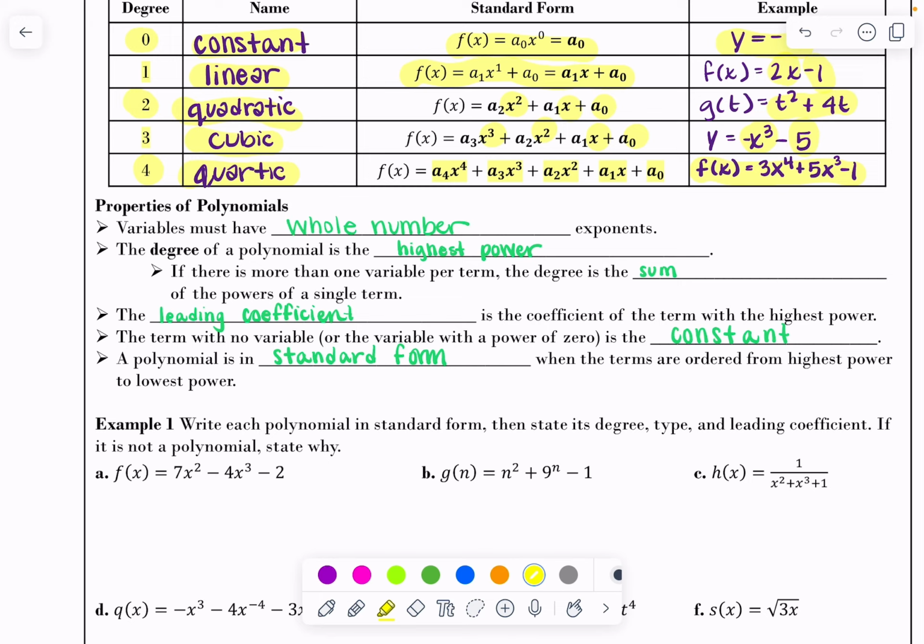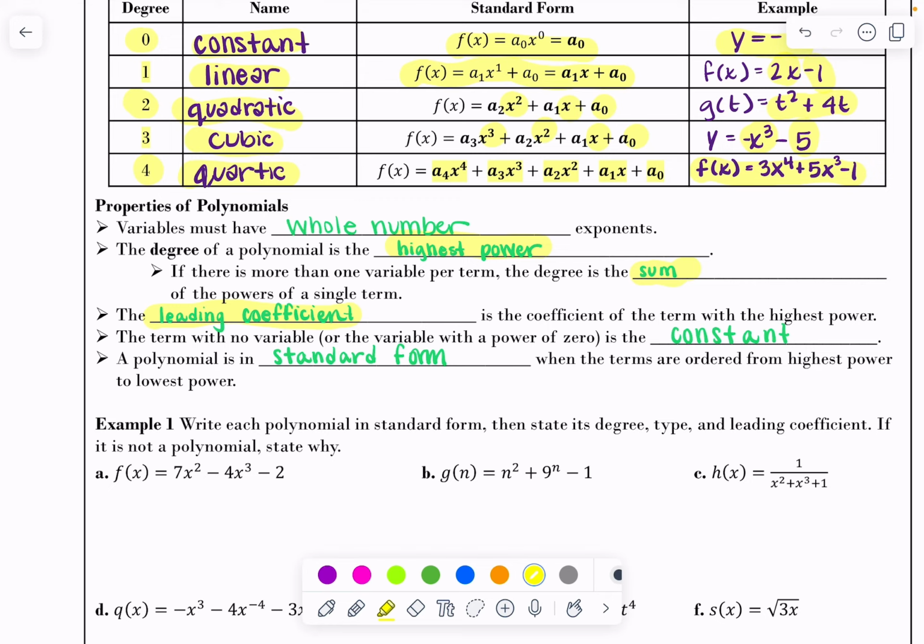Number 2, the degree of a polynomial is the highest power. So like we just talked about in the chart above. If there is more than one variable per term, the degree is the sum of the powers of a single term. So simplify, basically.